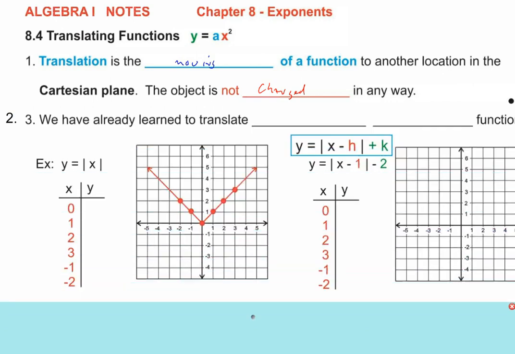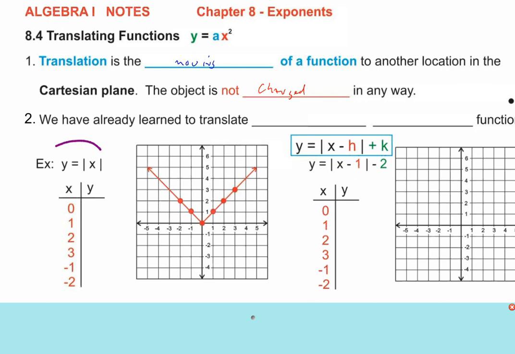All right, so here we've got an example of an absolute value function, and you can see it to the left. We've already done these absolute value functions. On the left, it's y equals the absolute value of x.